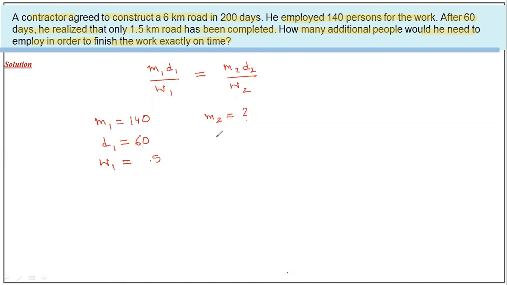M2 we have to find out. D2 would be the remaining days, so it will be 140, and W2 is 4.5. So putting all the values, what we get is 140 into 60 by 1.5, that is equal to M2 into 140 by 4.5.